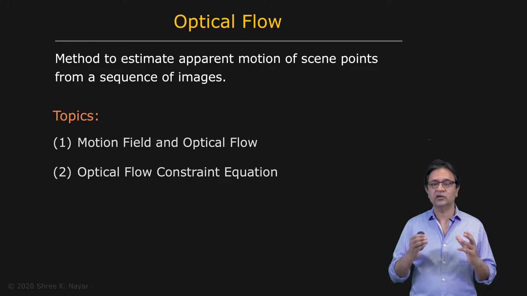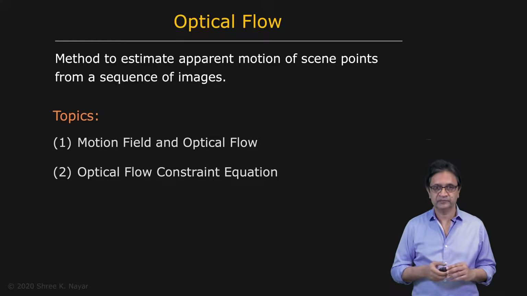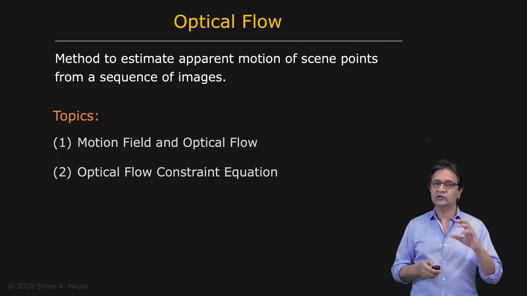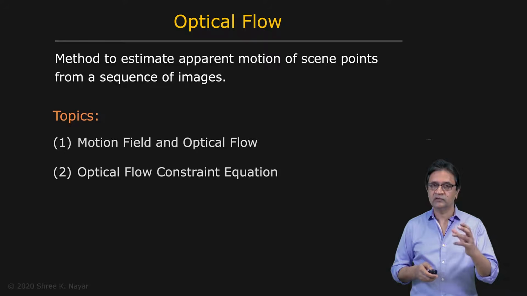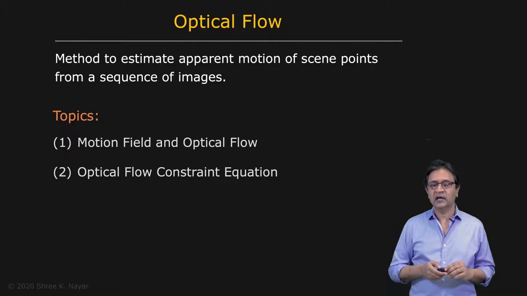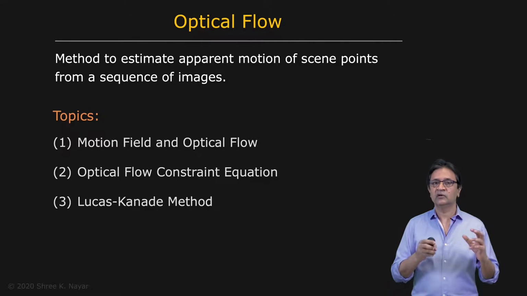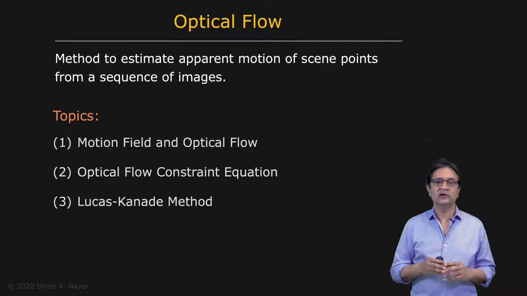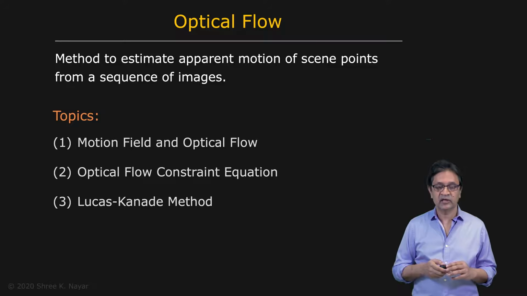It constrains the optical flow at a pixel. In order to constrain the problem and solve for the optical flow at each pixel, we use a neighborhood of pixels. And that brings us to the technique called the Lucas-Kanade method for estimating optical flow. We'll see how that method works and the results that it produces.